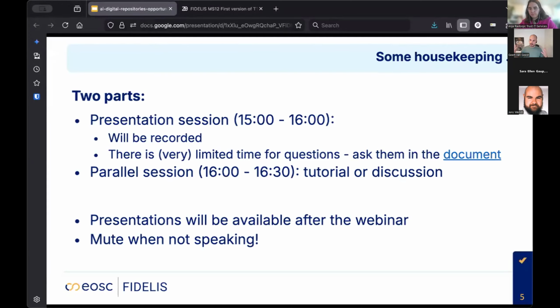So a bit of theoretical background about what the main concepts are in artificial intelligence, and then some, I think, very nice examples of how artificial intelligence can be put to use to make a repository mostly more useful for the end user.